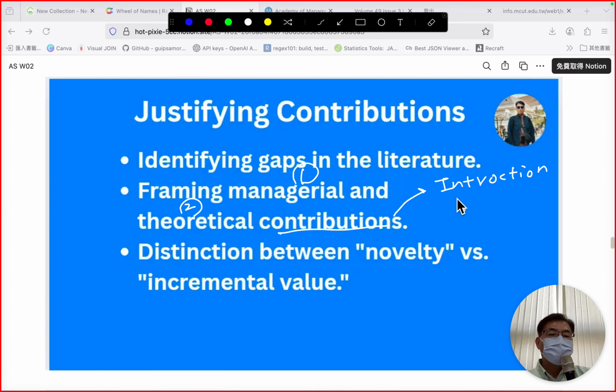Okay, literature review. Basic. I guess most of you have already conducted a literature review. Anyone want to share how you conduct a literature review? After you read the papers, what will you do?